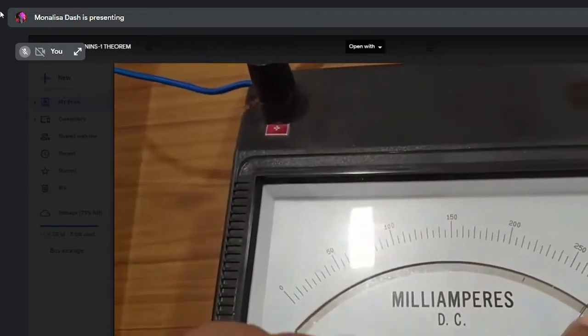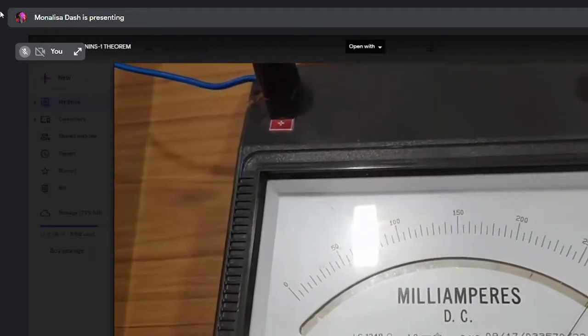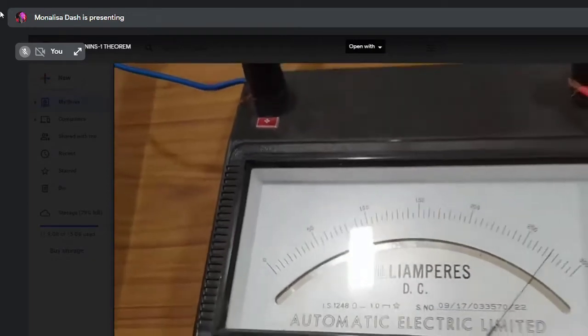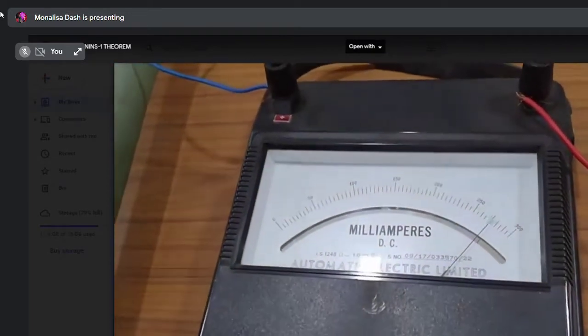It is coming 275 milliampere. So this is the load current passing through the load resistance.